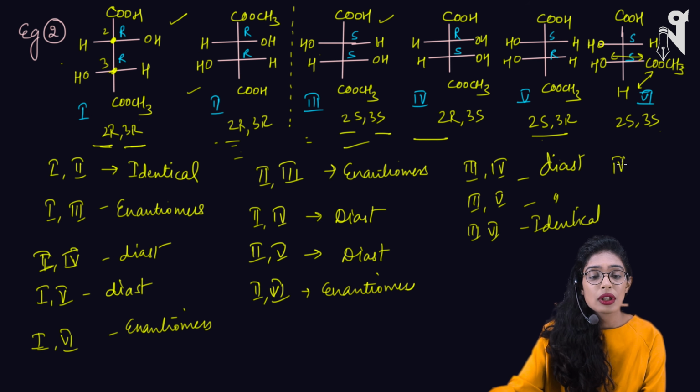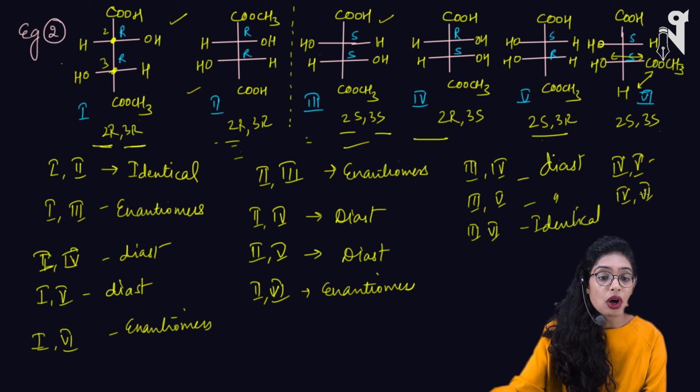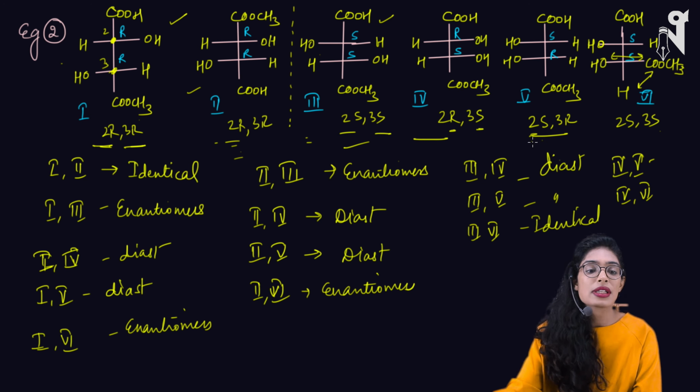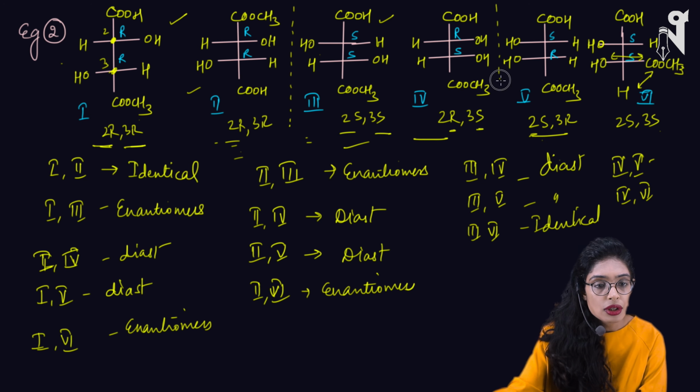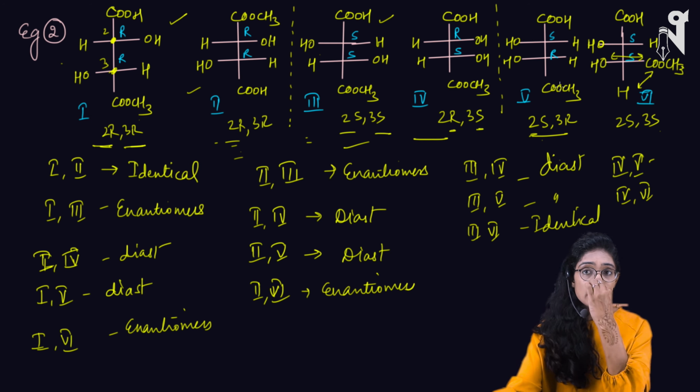Now for fourth and fifth, fourth and sixth. In the case of fourth and fifth, configurations are completely opposite. R is S now and S is R now, so completely opposite configuration. Let's see whether they are mirror images of each other. So yes, they are mirror images of each other. Do they possess optical activity?